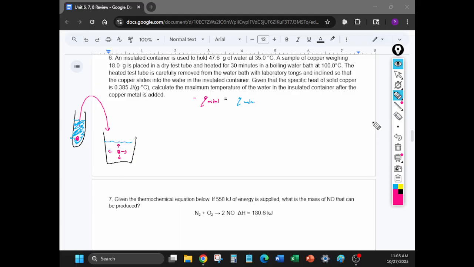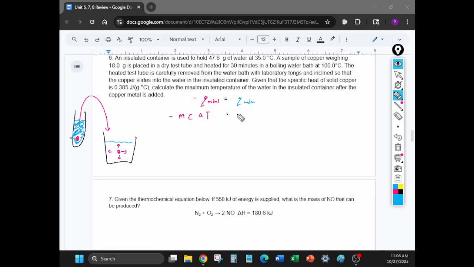So let's go through the different variables that are in the question, and then after that we will see what variable we're looking for. If you expand the Q equations, the heat equation, it's going to be mcΔT, right? On the left side, and if you flip the sides, that's totally fine, it's going to solve the same way, it's going to be negative mass of the metal, specific heat of the metal, delta T of the metal.